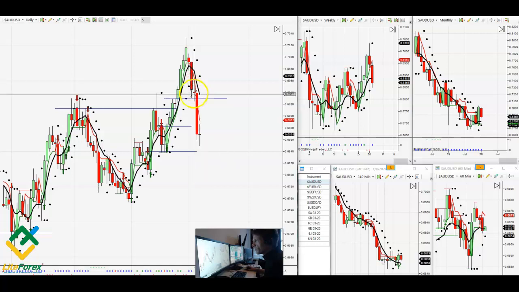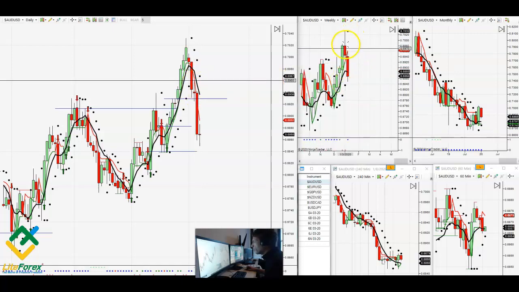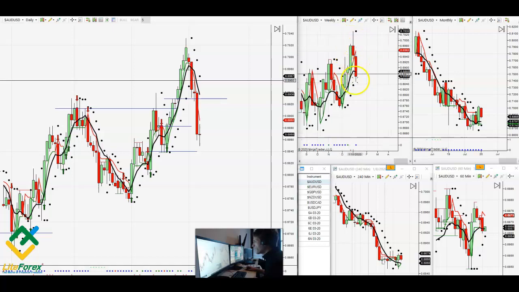Okay, so last day, I was saying that we had to watch the support on the Australian USD, 0.6929, basically 69.30. That's an important support level. I was saying we could get a little bit of a rebound, but overall it looked like there was more downward pressure.